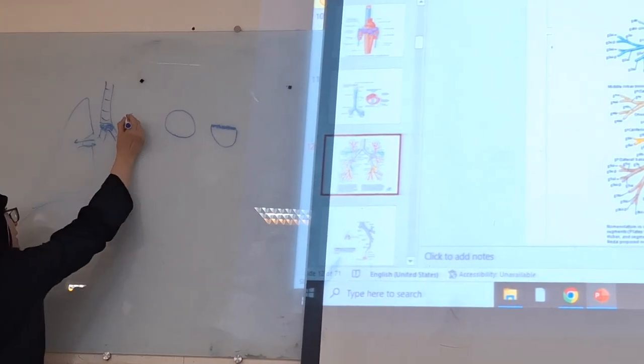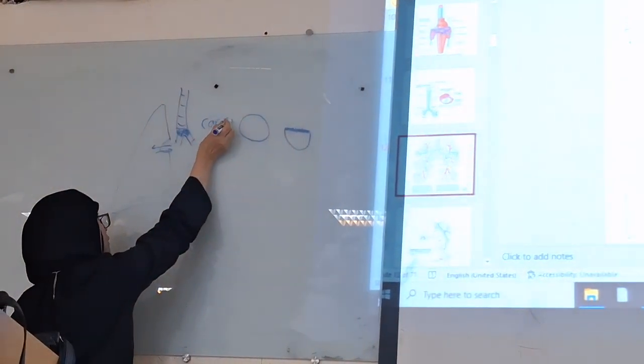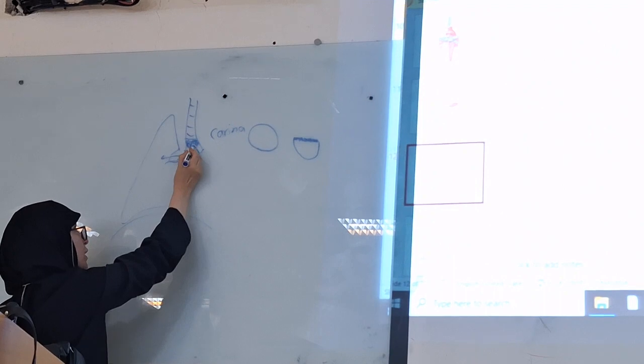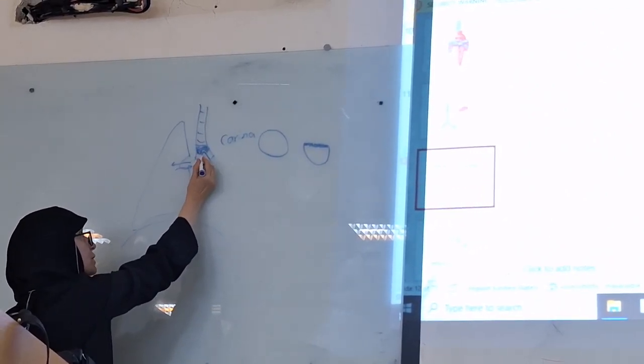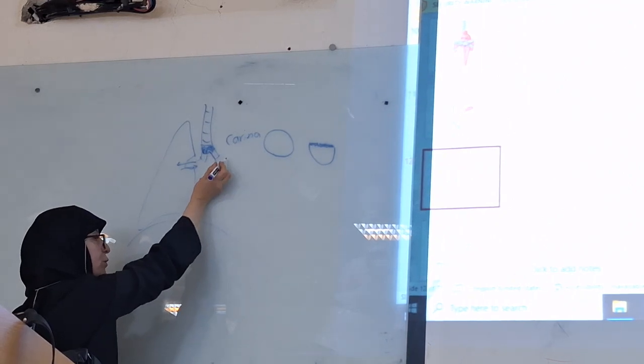Why do we call it the carina trachea? Because it is found at the beginning of each bronchus, right bronchus and left bronchus.